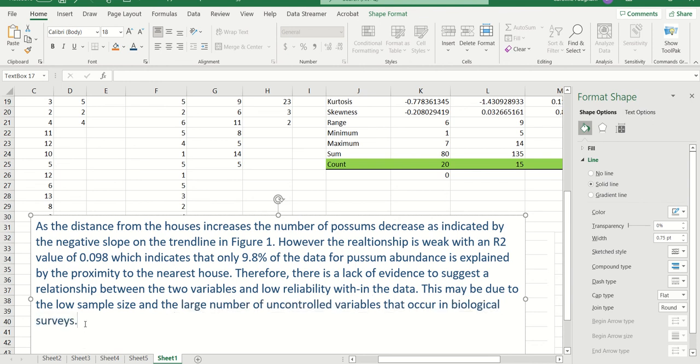It could also just be that they are not influenced at all by a proximity to a house. I mean, I could have said that too. This suggests that they're not influenced at all by the proximity to the house. Once again, using this may be due to, this suggests, is hedging language, always to avoid drawing any conclusions.